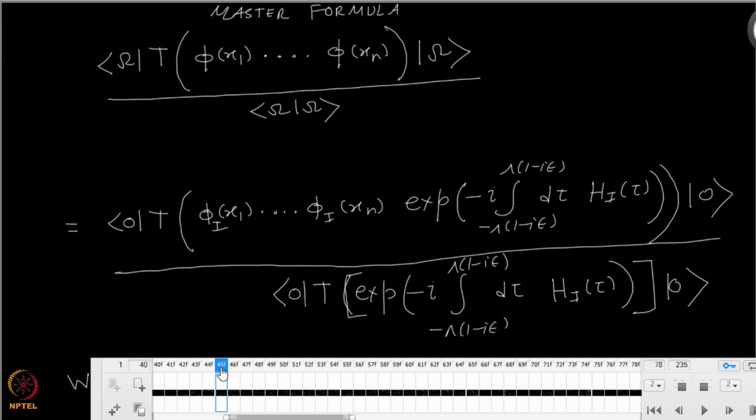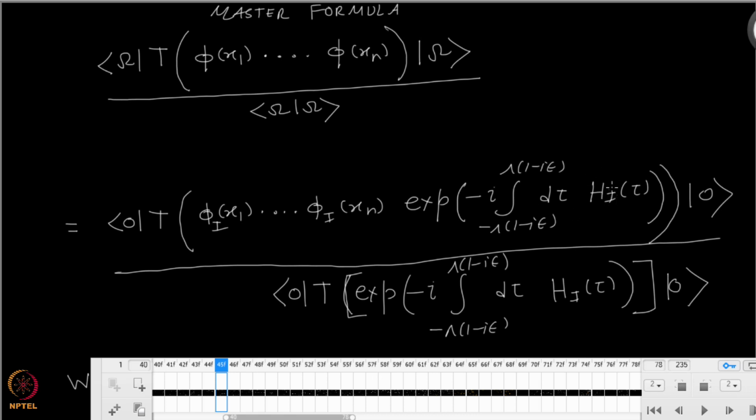Here. So, you see, when we were writing the Green's functions, we had an integral over d tau, where the time tau was running from minus lambda 1 minus i epsilon to lambda 1 minus i epsilon, where we have to take lambda going to infinity.